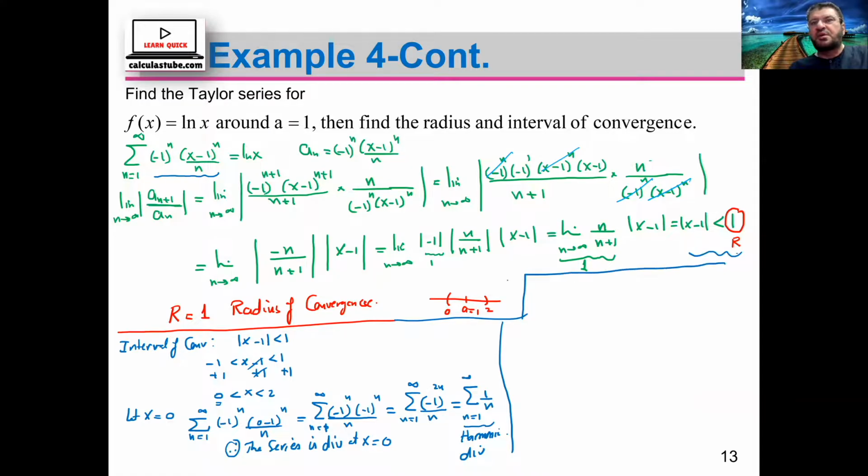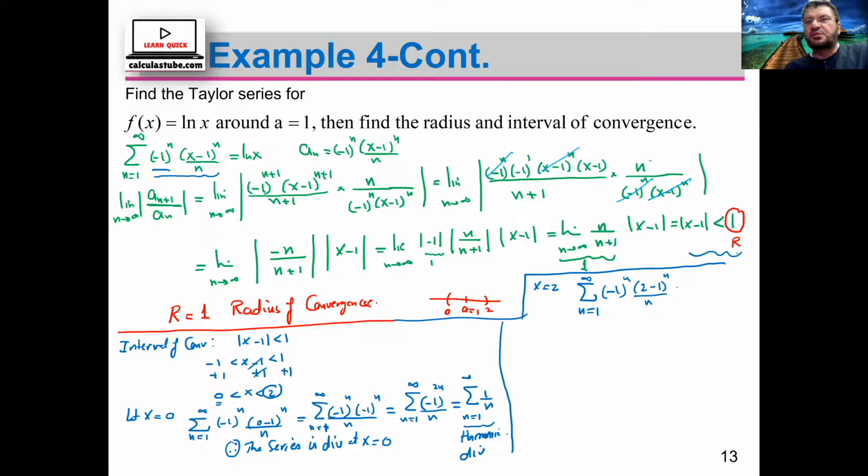When x is equal to 2, I'm going to plug it in the series. What do we have, guys? We have the sum from n equals 1 to infinity. I'm going to go back here again. It's minus 1 to the n times 2 minus 1 to the n over n.